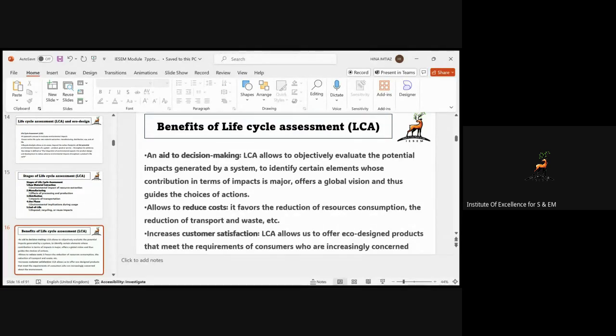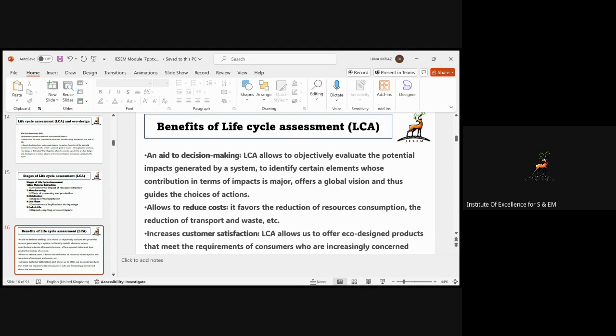And the next is, what are the benefits of life cycle assessment? It aids the decision making process, because life cycle assessment allows us to objectively evaluate the potential impacts generated by the process, and to identify the elements whose contribution in terms of impacts is major.